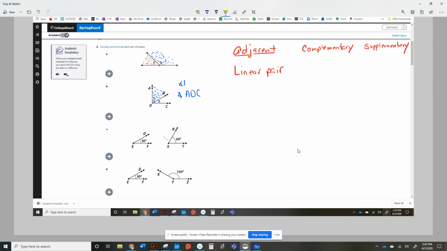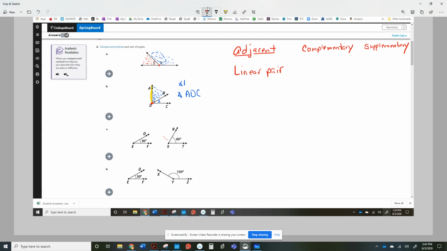Here's a leg they share. AD right here. AD makes up angle 1, and AD also makes up angle ADC. So there's the side that they share. They both have the common vertex D. D down here is the common vertex. Angle 1 could be called angle ADB. So D is the vertex of angle 1, and D is the vertex of angle ADC.